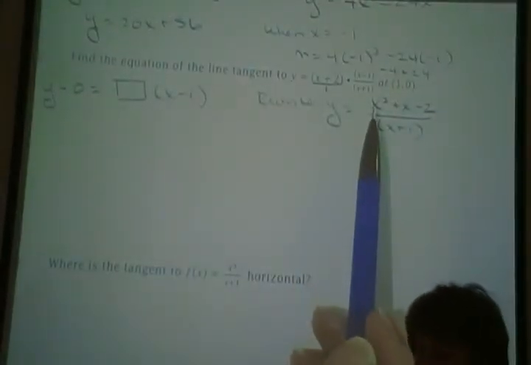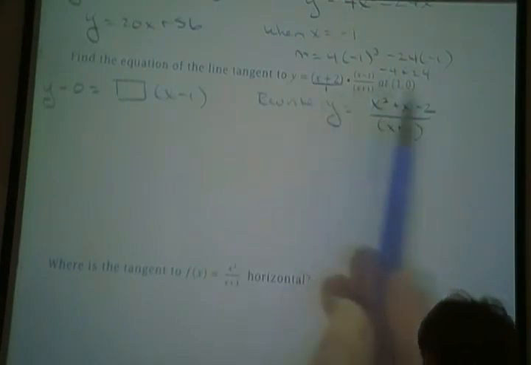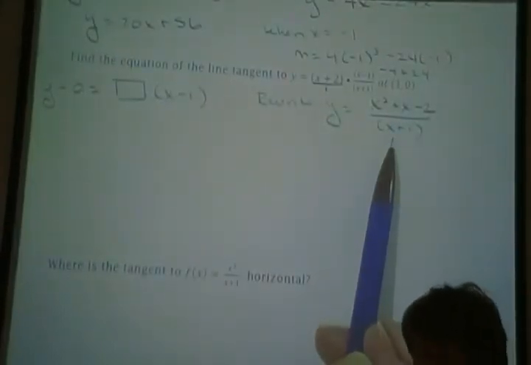So yeah, x squared plus x minus 2 is a more complicated function than any of these 3. But when you look at the whole thing, now I just have a function divided by a function. I only need the quotient rule. I don't need the product rule along with the quotient rule. And that's what makes this easier.